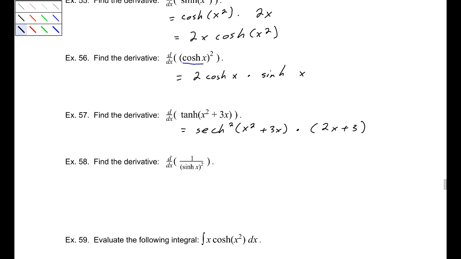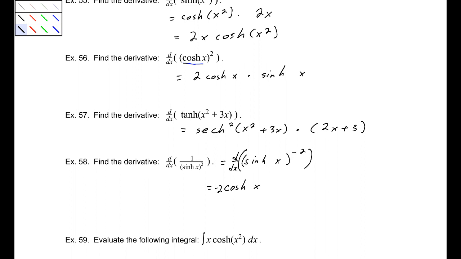Next, we have the derivative of 1 over hyperbolic sine squared. I wrote it this way, with the parentheses squared rather than with the 2 here, just to emphasize the fact that that is an inside function. We have a u substitution. So let's write this as the derivative of sinh x to the negative 2. In that case, the derivative will be, we'll bring a negative 2 down.